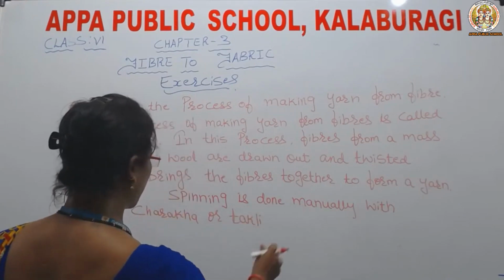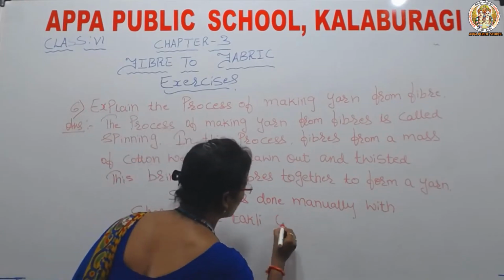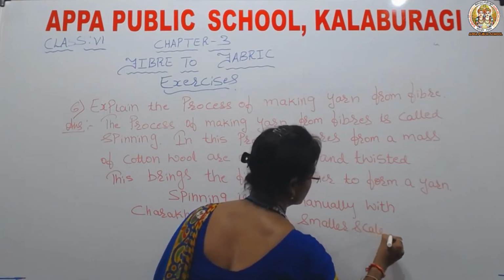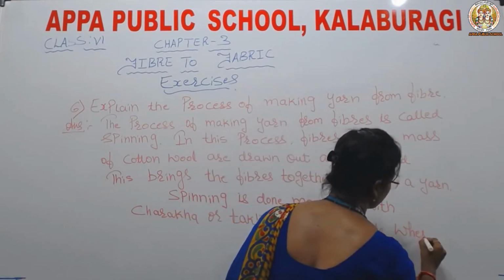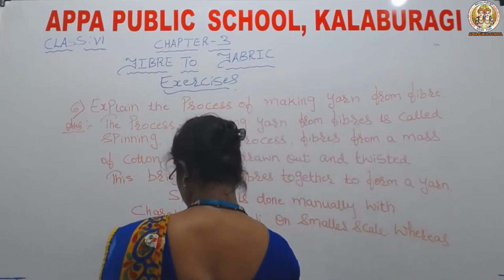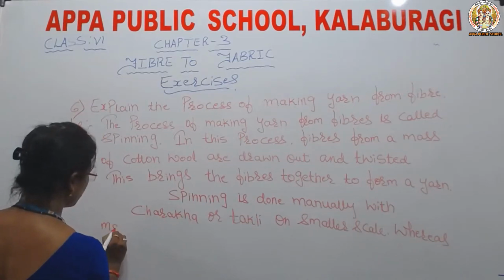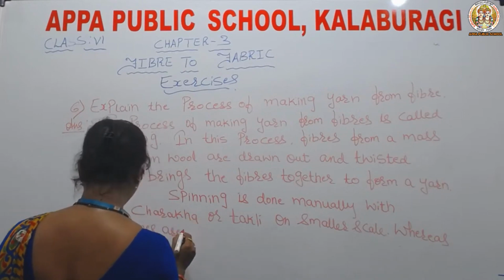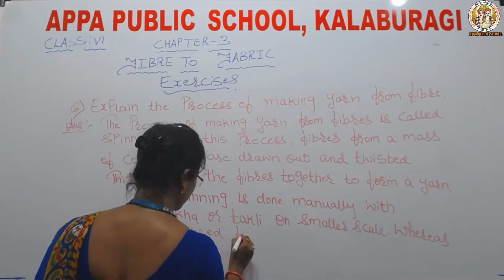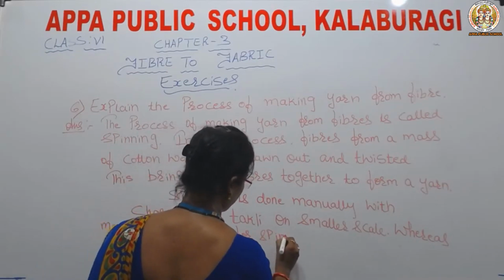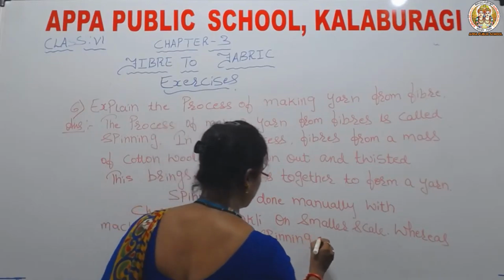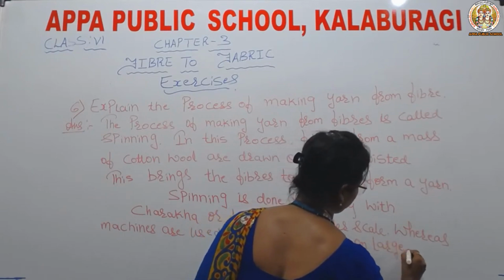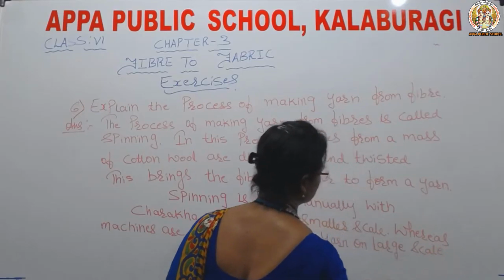Okay, so here the spinning is done manually with charaka or takli on a smaller scale, whereas machines are used for spinning yarn on a large scale. So this is the answer.